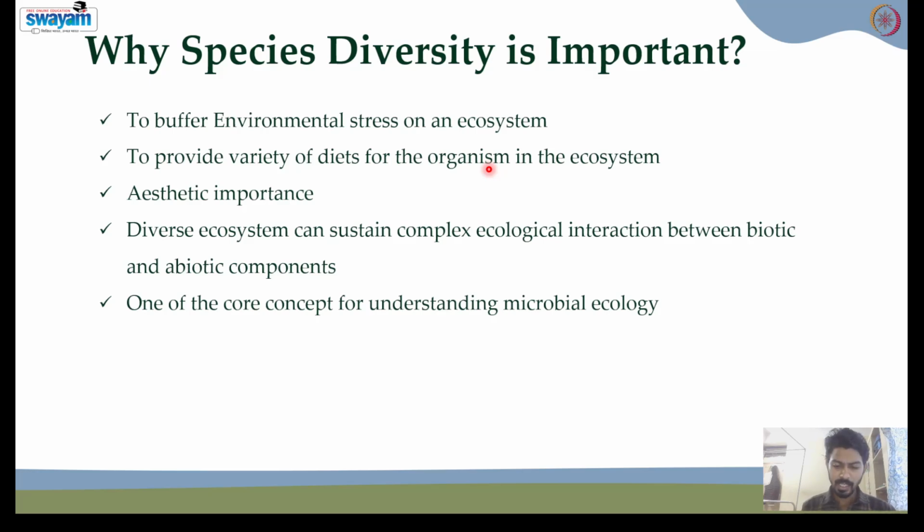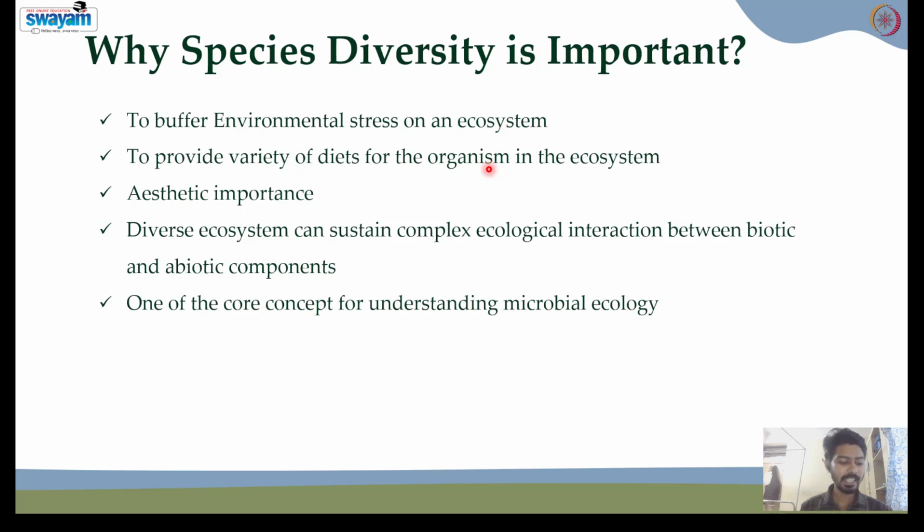For example, consider a rich ecosystem where a fox is present. What can it consume? It can consume rodents, fruits, or sometimes birds also. So a fox has multiple options in an ecosystem. That is how species diversity helps in providing a variety of diets for the organism.